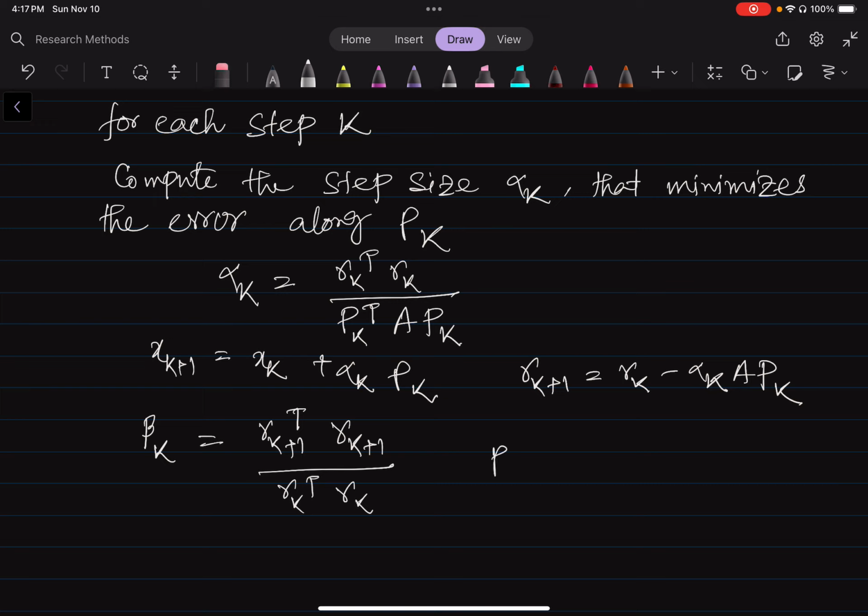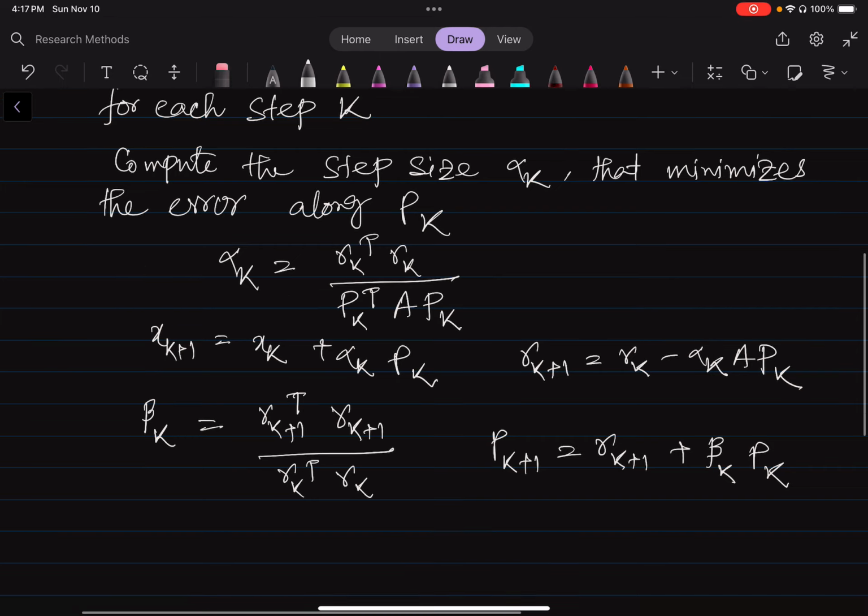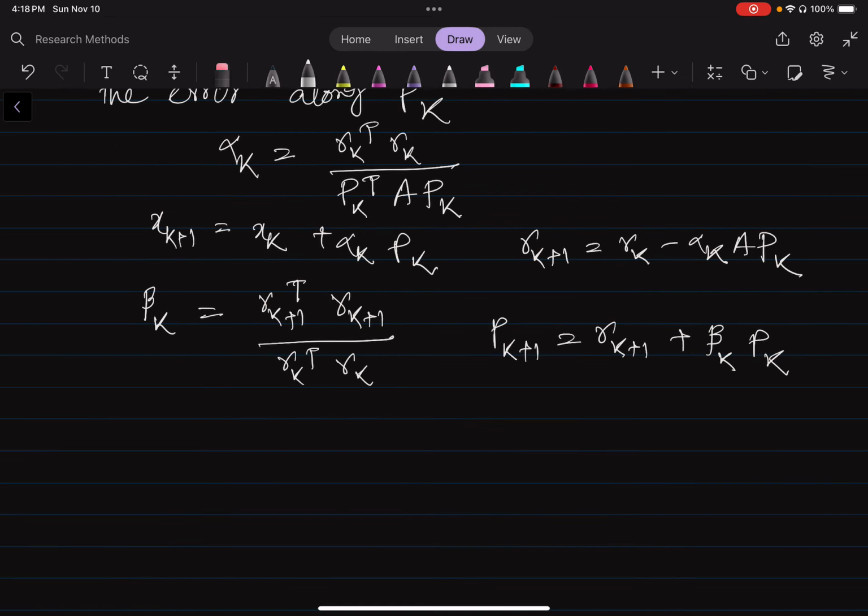And we set pk+1 = rk+1 + beta k pk. We repeat these steps until our rk becomes very small or reaches a tolerance level given by the user. In this way, each new search direction is a combination of the residual and the previous direction, ensuring the directions are conjugate and eliminating the need to go back to any earlier step.